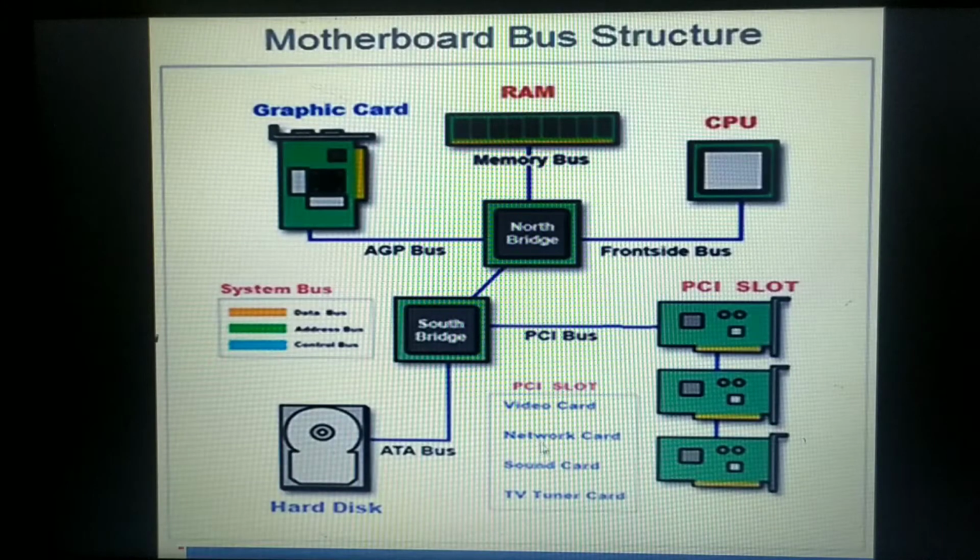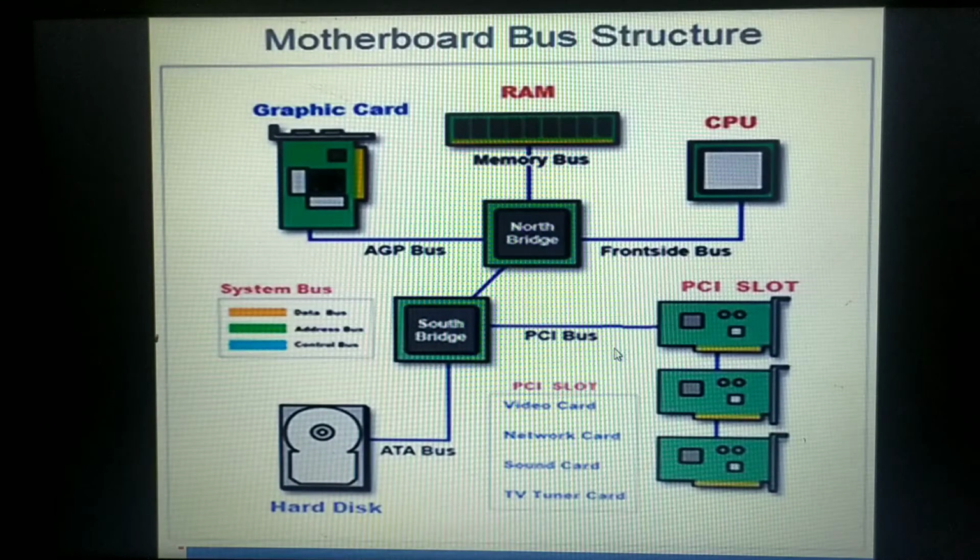Then the network card, that is the Ethernet card, is how you experience the internet on your computer system. Then the sound card helps you play any audio or videos on your computer system. And the TV tuner card, and the south bridge is also connected to your hard disk.